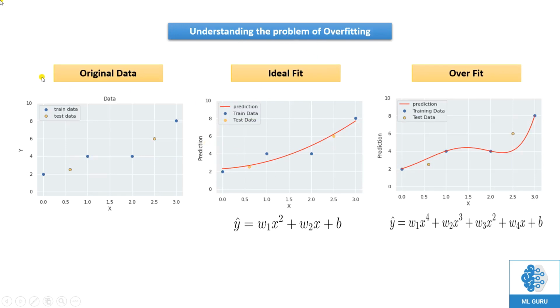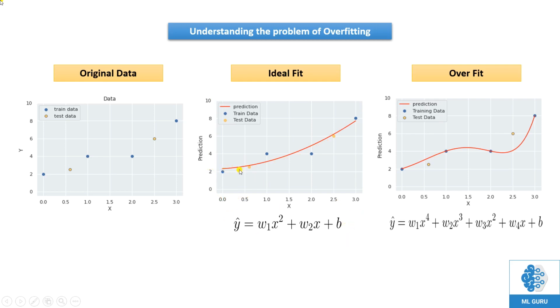On the left side you can see our original data, which we had used to demonstrate the concept of underfitting and overfitting. Then in the second figure, you can see the red line, which was our prediction, which was nothing but a 2-degree equation, or a quadratic equation, whose equation is written down here.